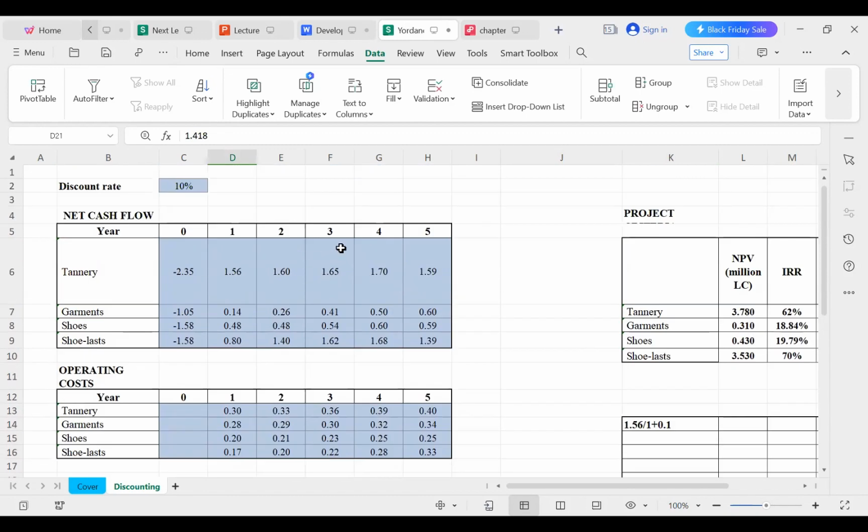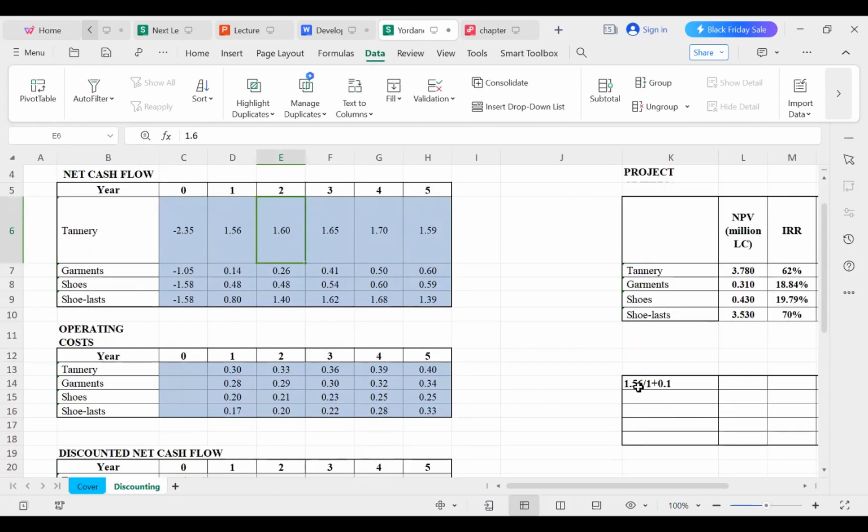Then on the second year, here we have 160, right? So for the second year, when we calculate, let's put 1.6, or 1.60, it's the same thing, divided by 1 plus 0.1, to the power of 2.